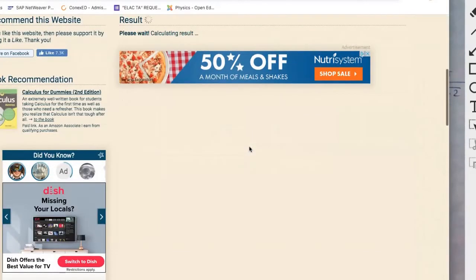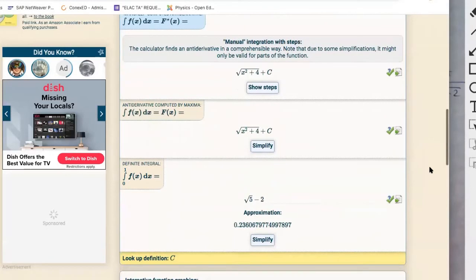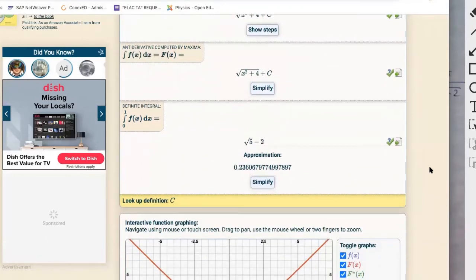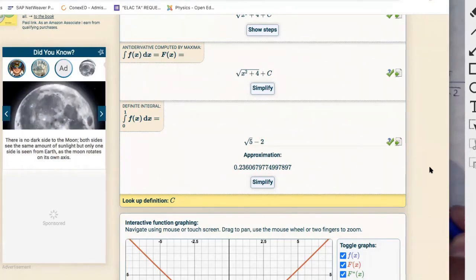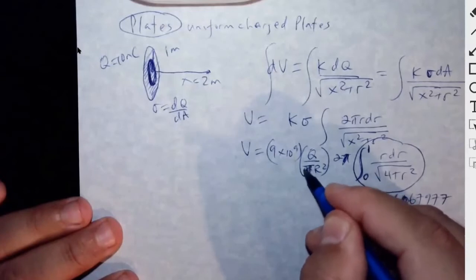That gives 0.23606, and then the pi cancels the pi.